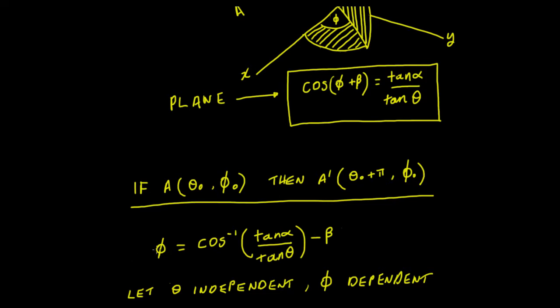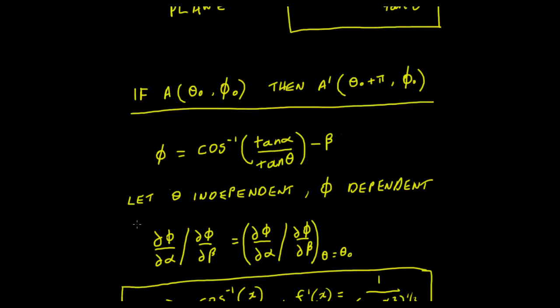So if we take this equation here, again check out the geodesics of the sphere because that's derived in that video. If we write it in terms of phi, you end up with phi equals inverse cos of tan alpha upon tan theta, all minus beta. Also note that the values of alpha and beta are constants here.